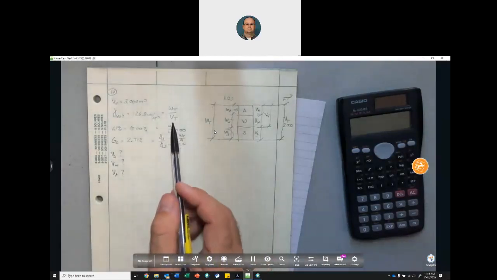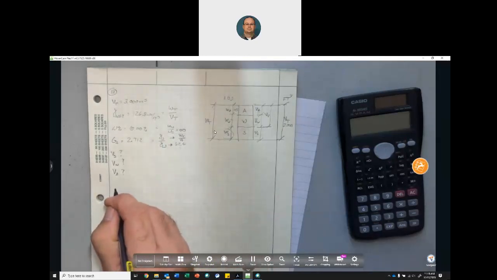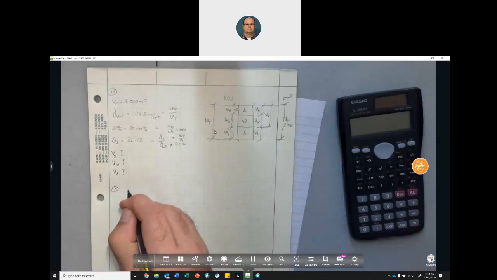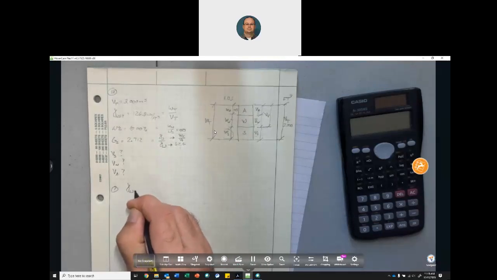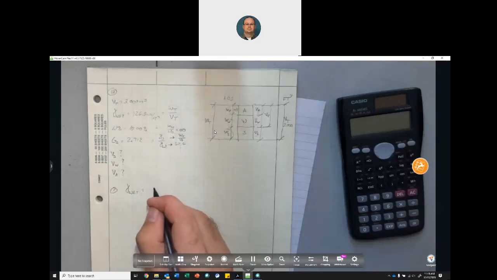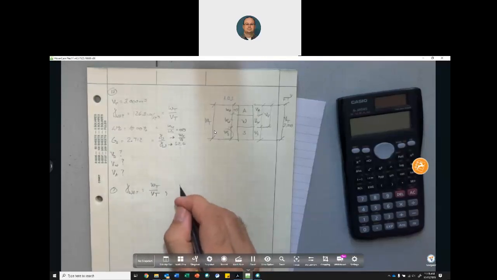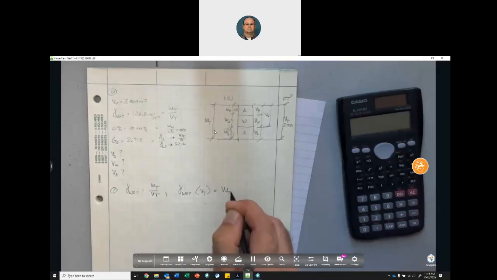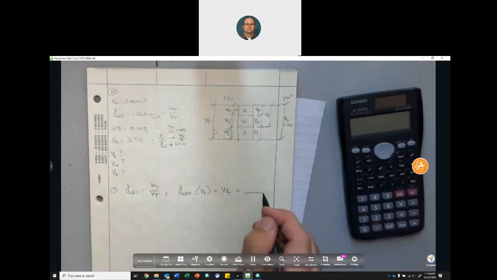So first thing I'm going to do is take gamma wet equals total weight divided by total volume. If I take the wet unit weight times the total volume, that'll give me my total weight, right?